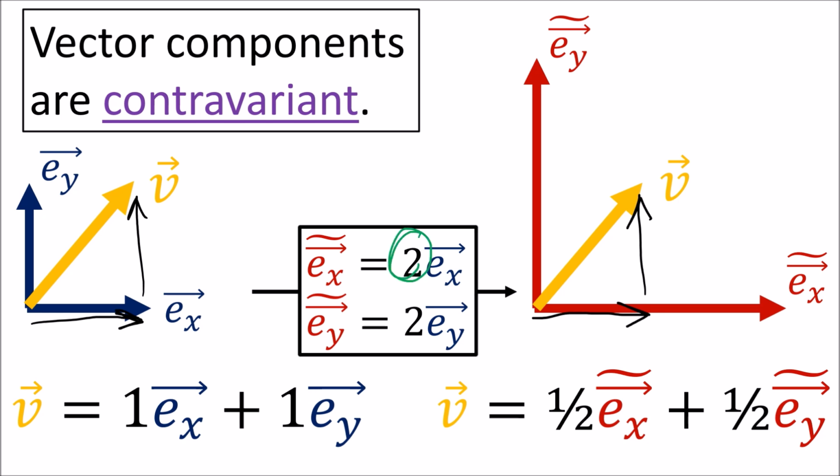When the basis vectors get twice as big, the components of v get twice as small and become 1/2, 1/2. Vector components will always change in the opposite way that basis vectors do, so we call vector components contravariant.